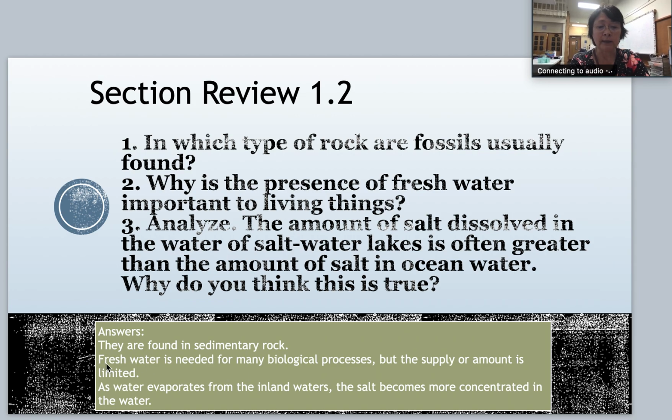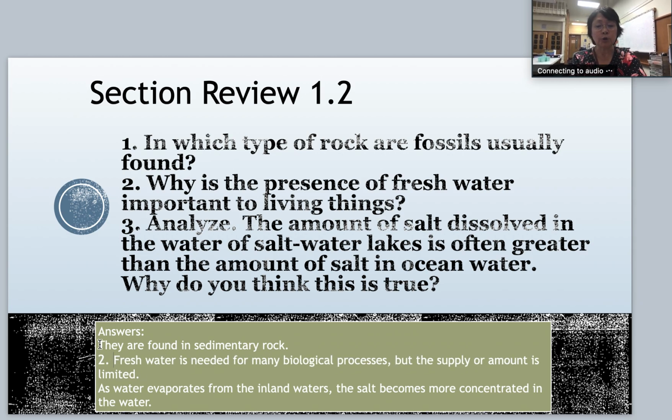again found in your reading, is that fresh water is needed for many biological processes, and the supply or the amount is limited. So fresh water is very important for our biological processes.